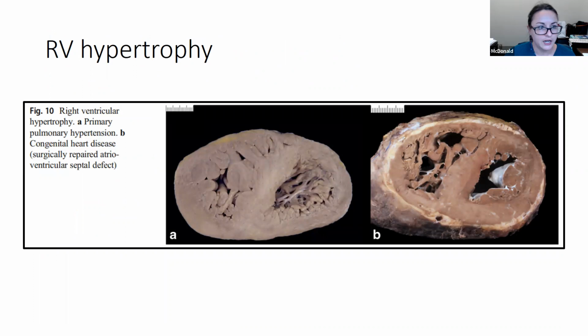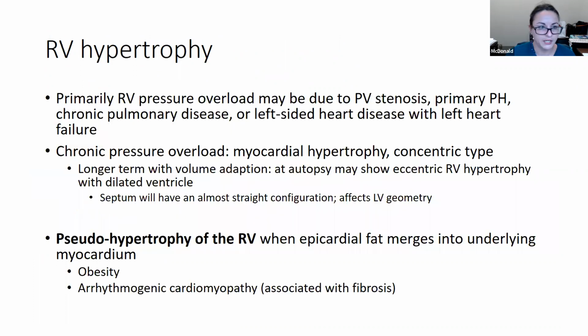Right ventricle hypertrophy is also generally a pressure overload driven phenomenon, and pulmonary valve issues or pulmonary hypertension, or really bad left-sided heart disease with left heart failure will lead to right ventricle hypertrophy.